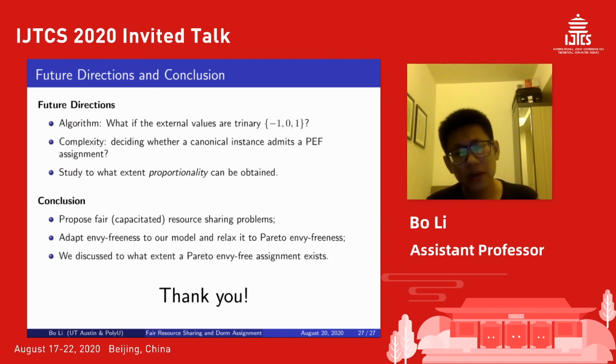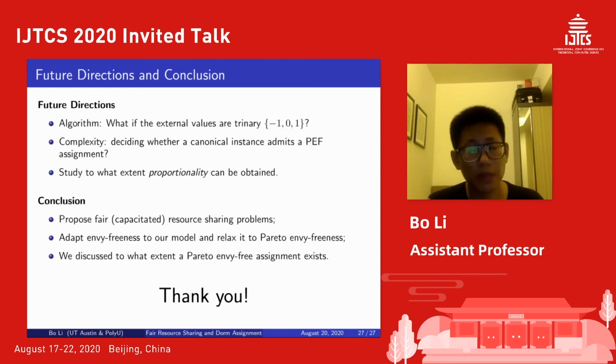But maybe an interesting future direction is to study trinary values. So for every pair of agents, the external value is either -1, 0, or 1. So they may be friends, they may be enemies, or they may be indifferent with each other. This is the first future direction.